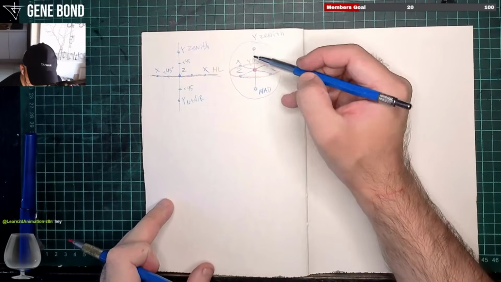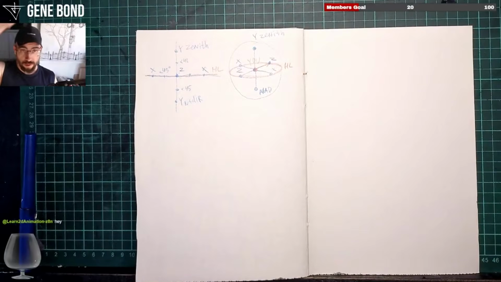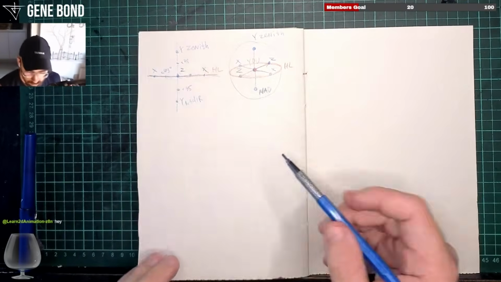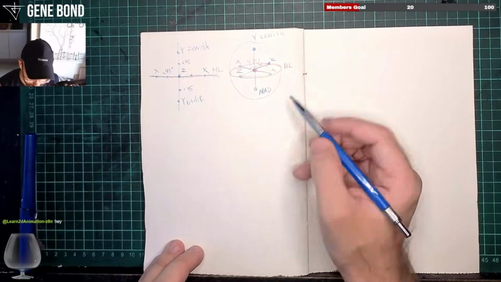And then this Y vanishing point is right above you, right? Same with the Y vanishing point which is right below you. And the X left, X right, they are 90 degrees to Z, okay?